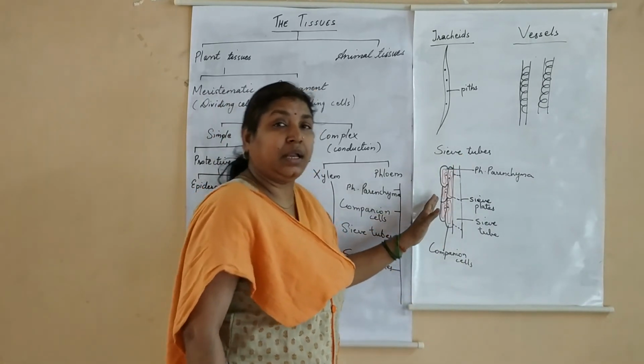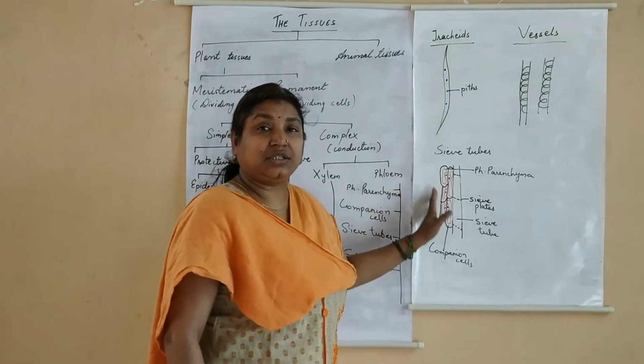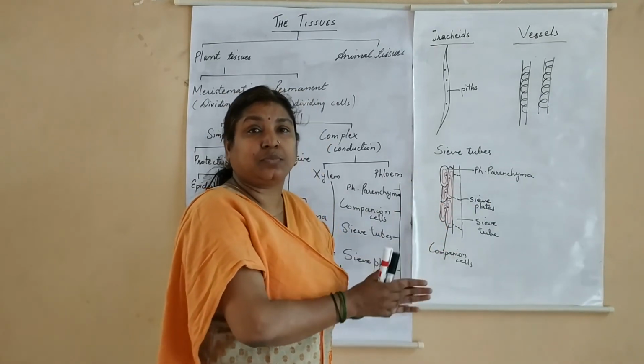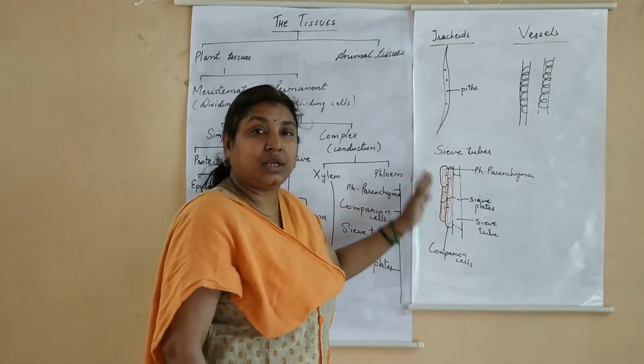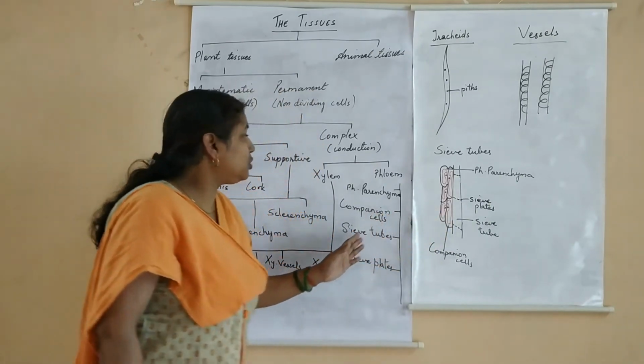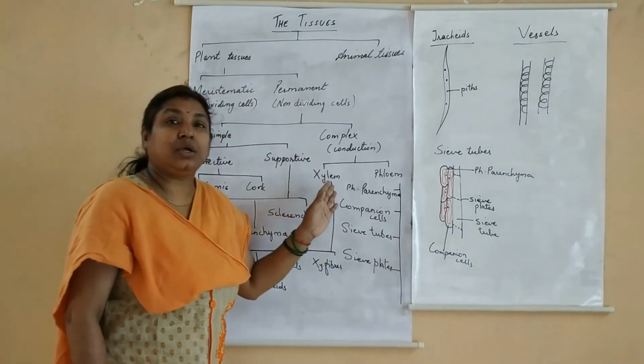Phloem parenchyma and companion cells are present adjacent to sieve tubes on both the sides. So they also provide support to the sieve tube as well as help in conduction of food. So this is all about your xylem and phloem.